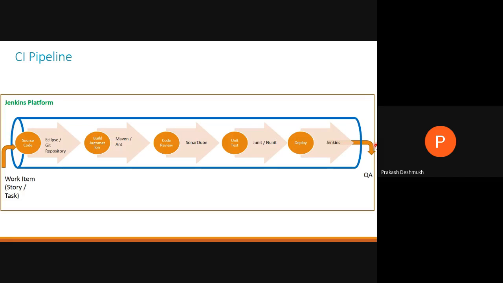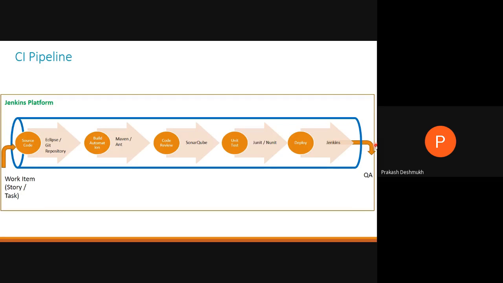Once your code development is done, you commit the changes to the Git repository, and then the automated build will start. The build will use Maven or a similar tool to compile the code. If it is not successfully compiled, you go back, modify the code, and commit again, so that the development cycle goes on till the build is successful.